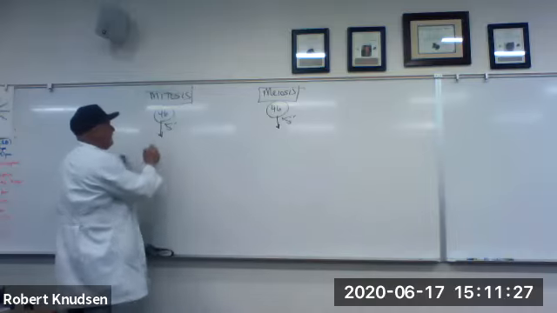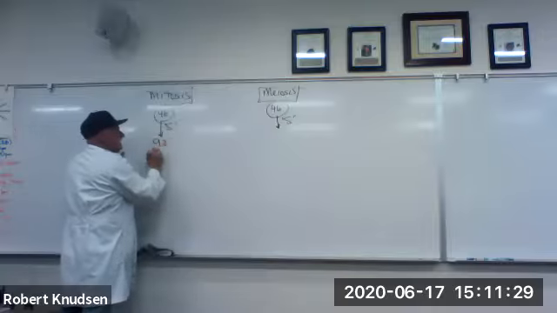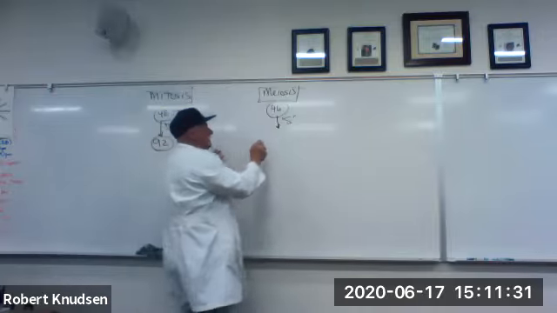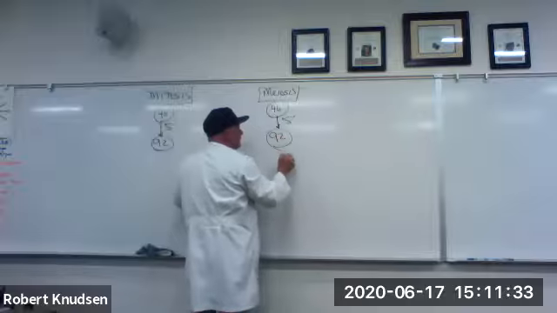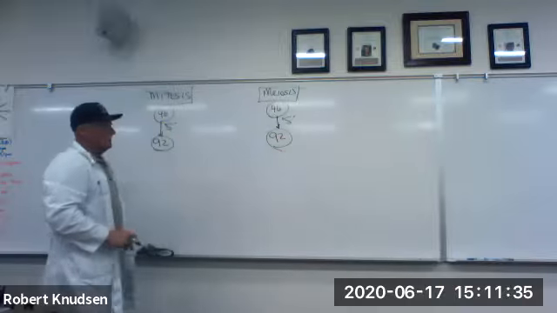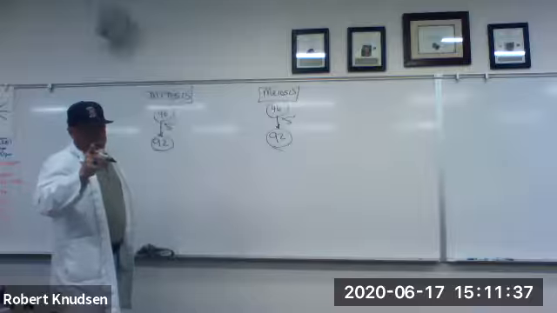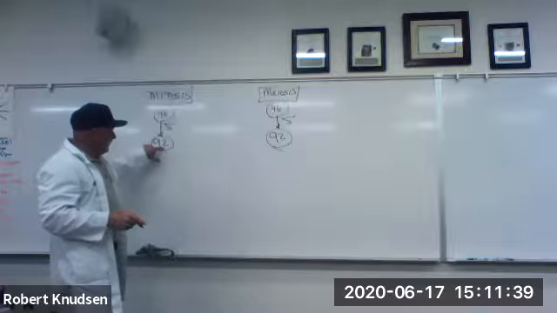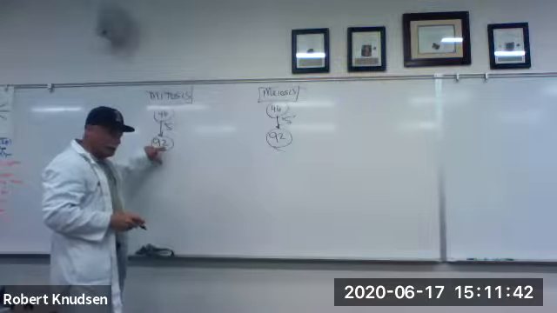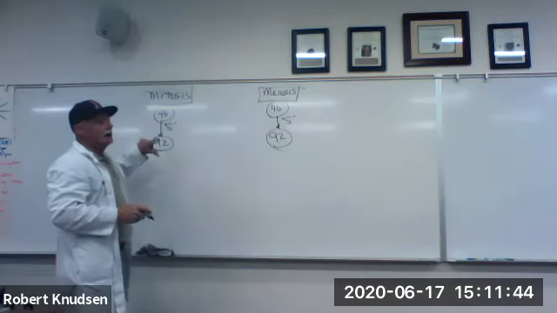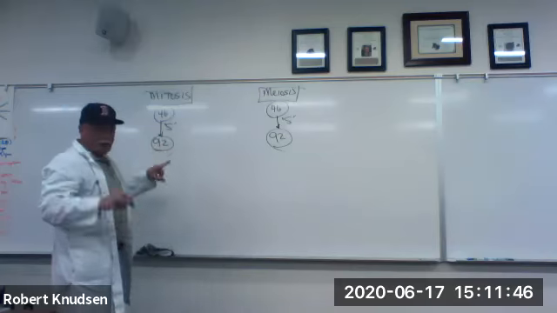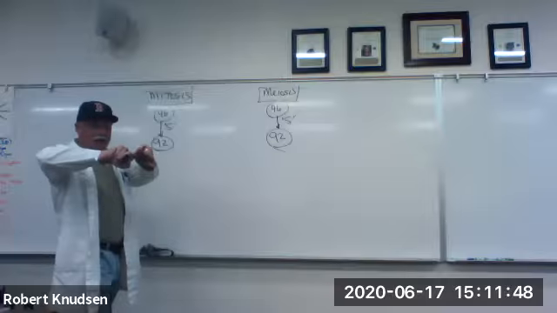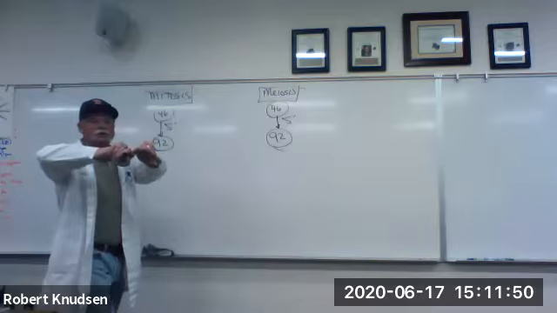So it doubles. 46 and 46 is 92. Still one cell with 92. Now you'd say, well, they're absolutely identical. No. This one is 46 sister chromatids held together by a centromere. So they're doubles. They're not dyads, they're just doubles.